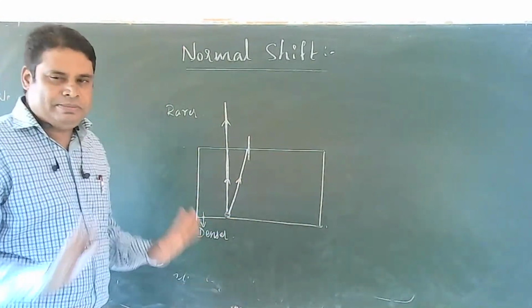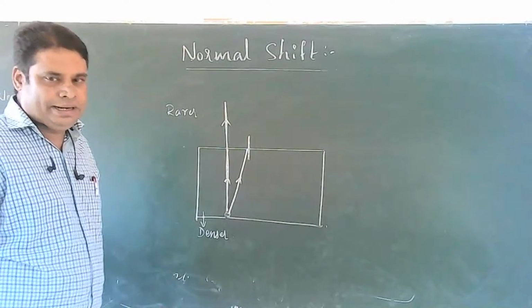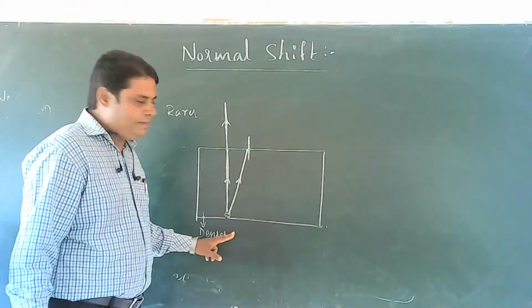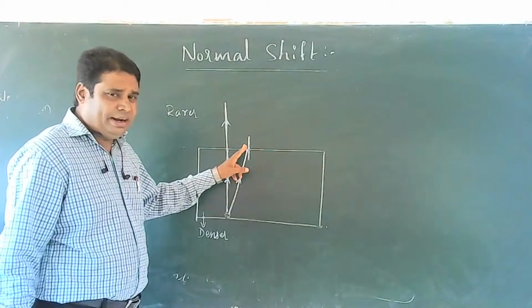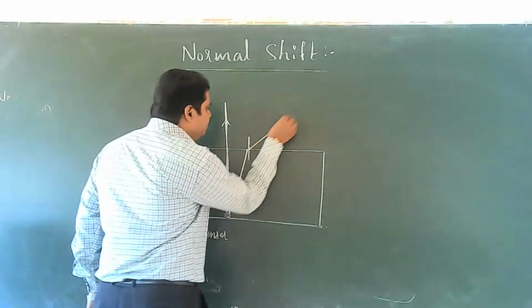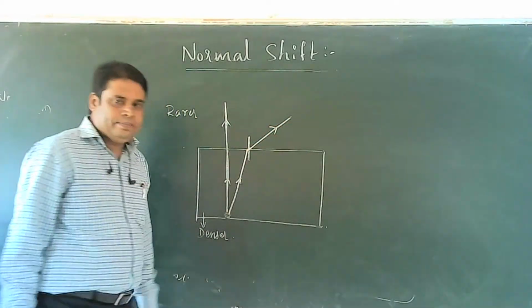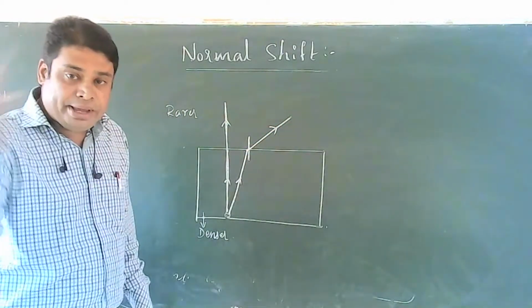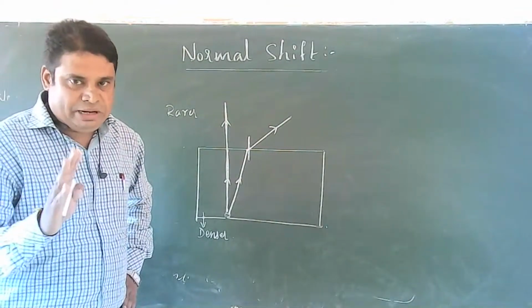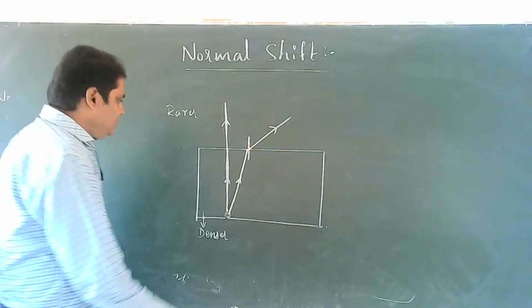This is water or glass, whatever it may be, some transparent denser medium. When a ray of light is incident from denser medium at the interface, the refracted ray will move away from the normal.